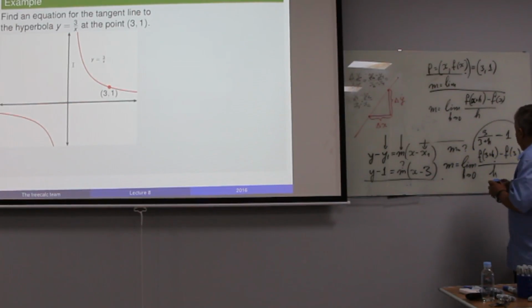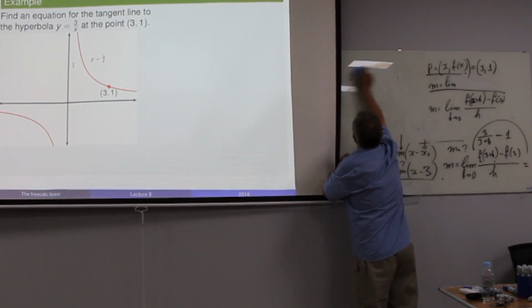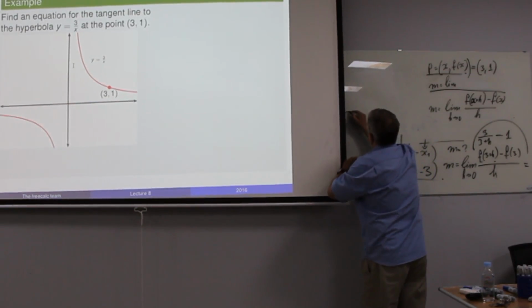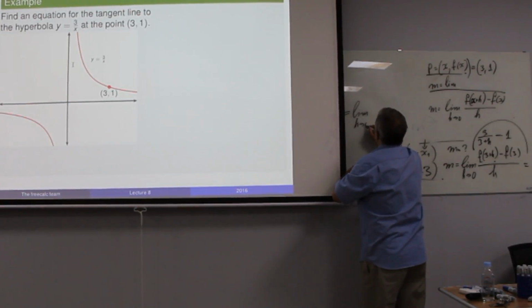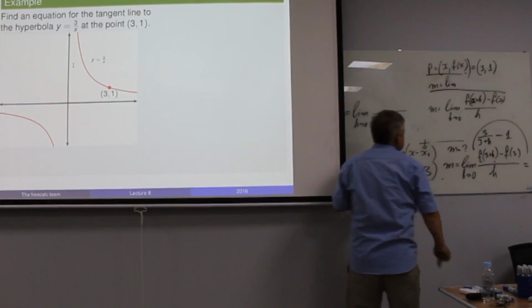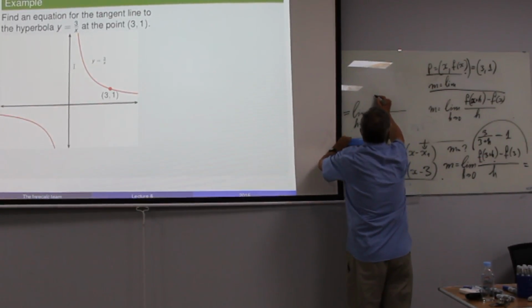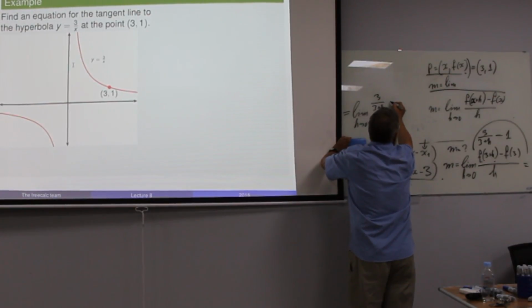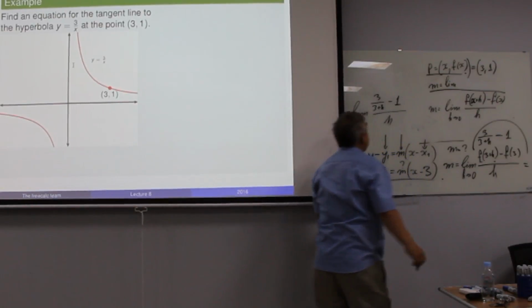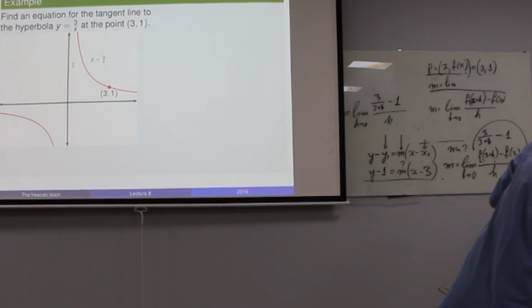So guys, let's put here equal and let's work it out here. LIM, h goes towards 0, here is h. Now what do we have here? Some concrete stuff. 3 over 3 plus h minus 1. Let's try direct substitution. What do we get from direct substitution?